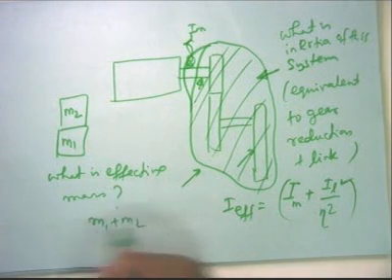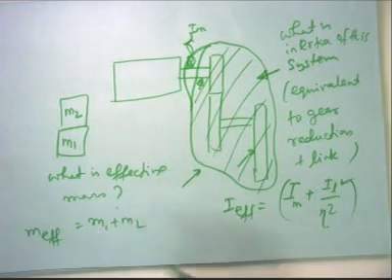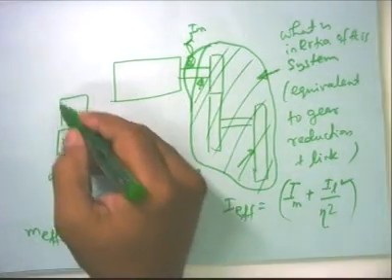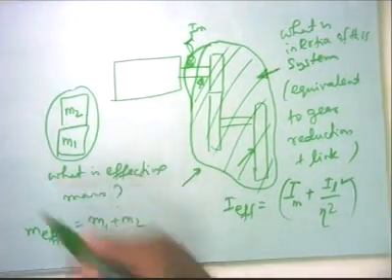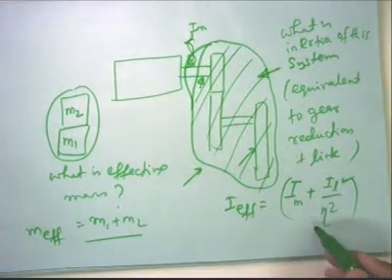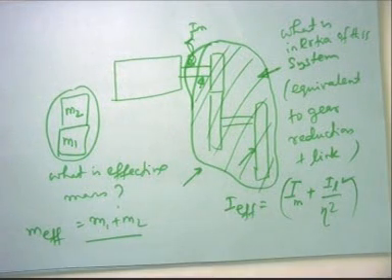So in this case m effective is m1 plus m2. Similarly for the rotational case with a gearbox, this is the effect. In the case of rotation, we derive it from the equations of motion as we have done in our lectures. Okay.